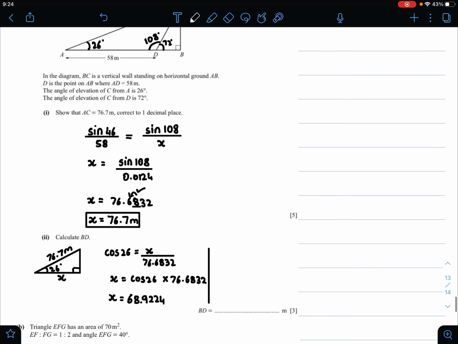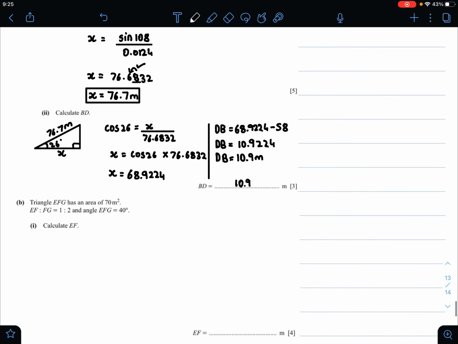So to find DB, all we need to do is, from this value of 68.9224, we subtract 58. So DB will be equal to 10.9224, and therefore DB in three significant figures will be equal to 10.9 meters. So 10.9 meters will be our final answer for part A2.